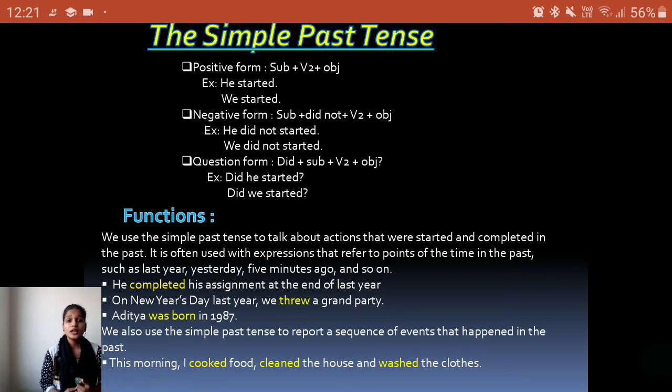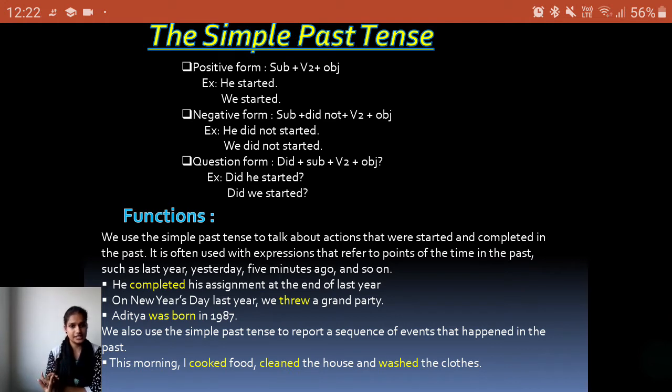In question form, how do we make a question? We use the auxiliary at the starting, did, plus the subject the question is about, plus verb second form, the action we are doing, plus object, the rest of the sentence, and a question mark. Example, did he started.